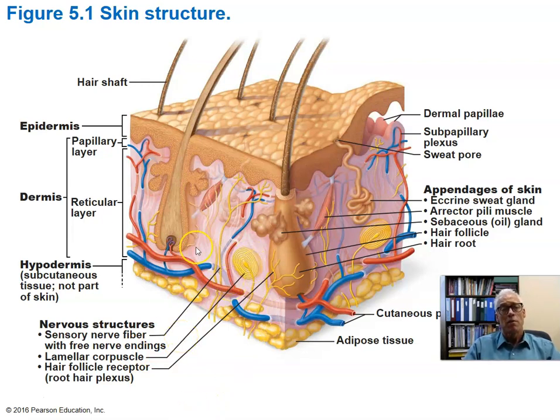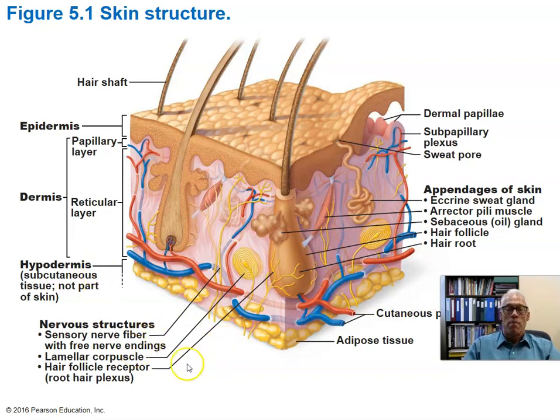The reticular dermis has a lot of redundant looping blood vessels, not capillaries so much, but larger vessels, and the function of that is in temperature regulation of the body. A lot of extra blood can reside in the skin and can flow through the dermis when we're trying to get rid of more heat from the body, say during exercise.